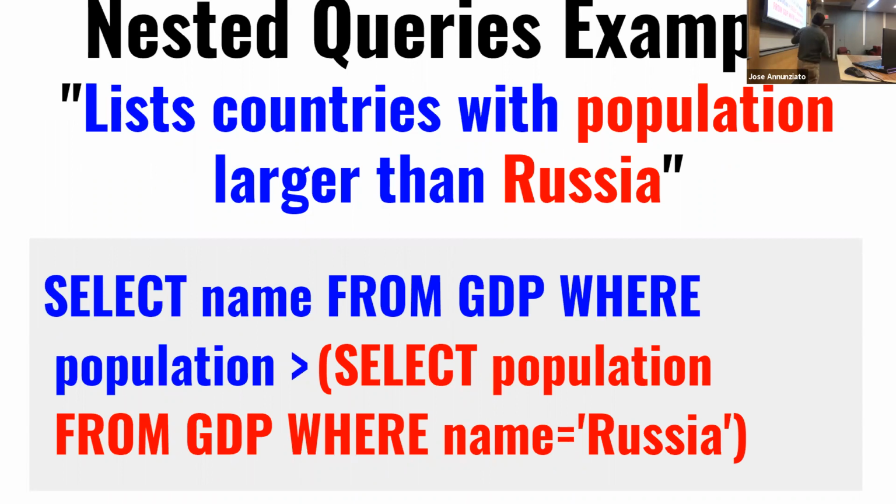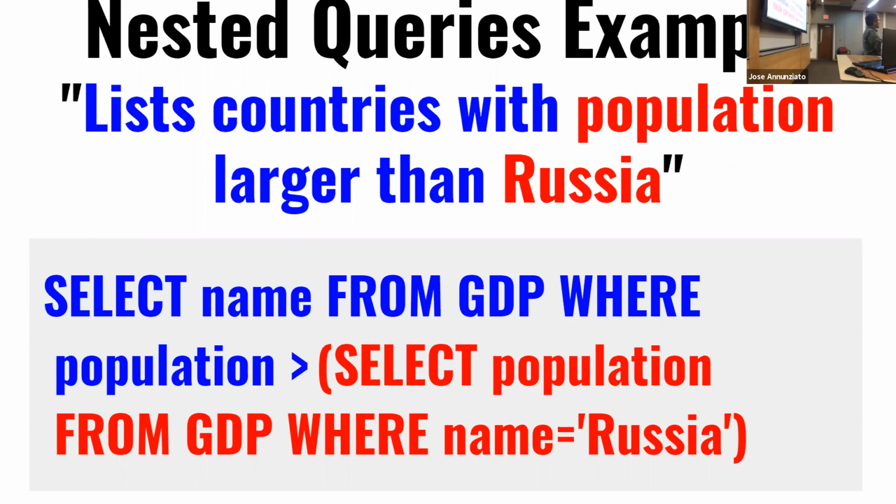So once we've calculated the population of Russia, this comes back with a single scalar value that I can then use to calculate against the population. Yeah, like the example I saw earlier, right? I think there were two AND operators, and instead of having one single AND operator, we broke it into two, one nested inside the other.